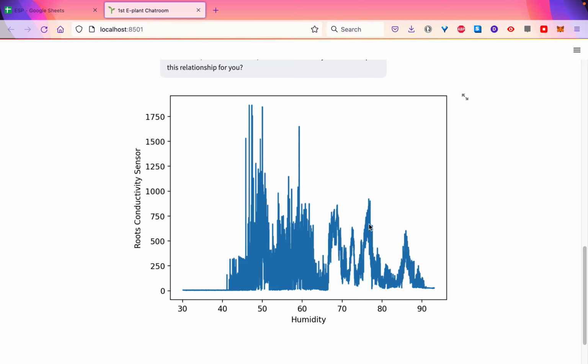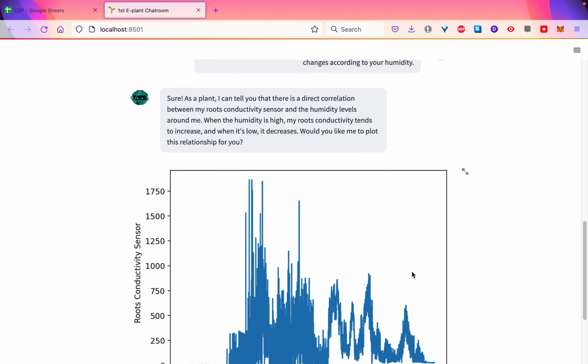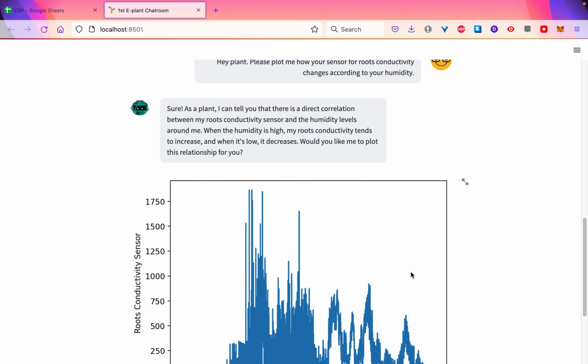Yeah, there are some interesting patterns going on here. Although we do have some quite low readings as well when the humidity is high, and that's a thing to be mindful of. We're working with GPT, which sometimes hallucinates, as we all know.